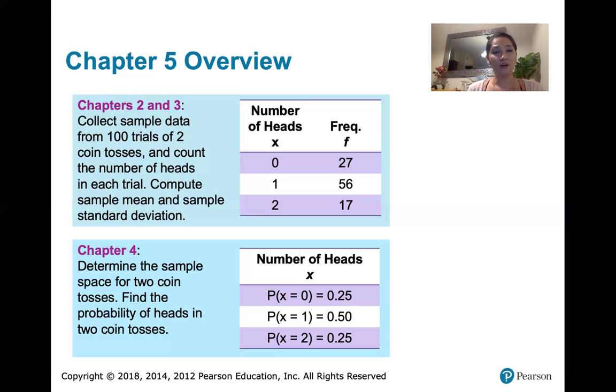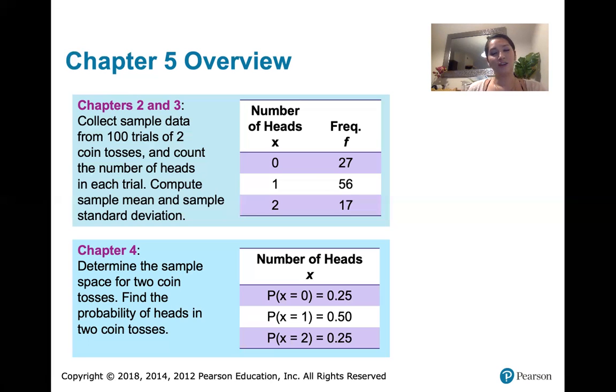In chapter 4, we learned about probability in general. If we were thinking about that trial of tossing a coin twice, we might think, okay, well, theoretically, what is the classical probability, or the probability found using the classical approach, of getting 0 heads or 1 head or 2 heads?